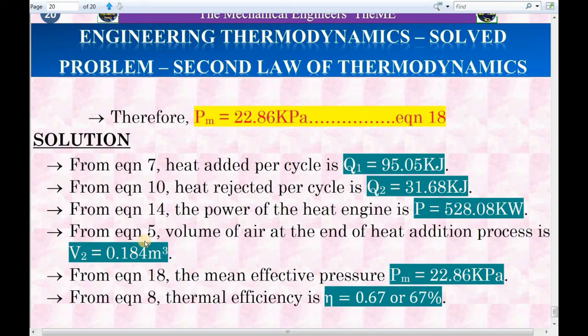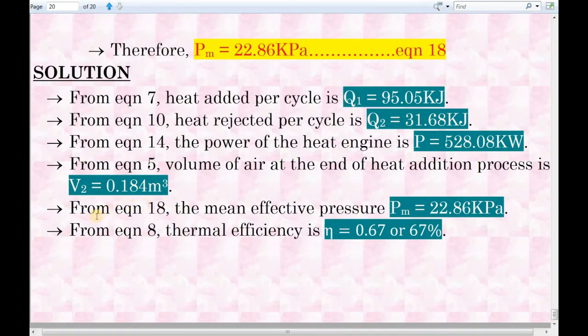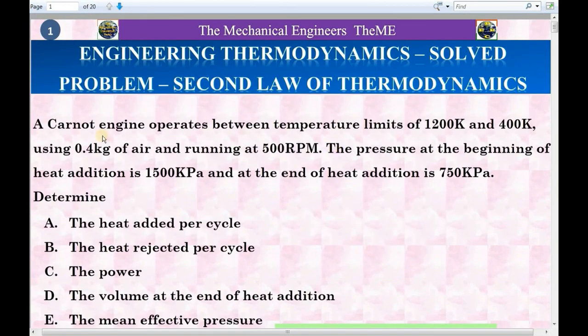Fourth, from equation 5, the volume of air at the end of heat addition is 0.184 meter cube. Fifth, from equation 18, the mean effective pressure of the Carnot engine is 22.86 kilopascal. Sixth, from equation 8, the thermal efficiency of the Carnot engine, eta, is equal to 67%. So these are the solutions for this question.